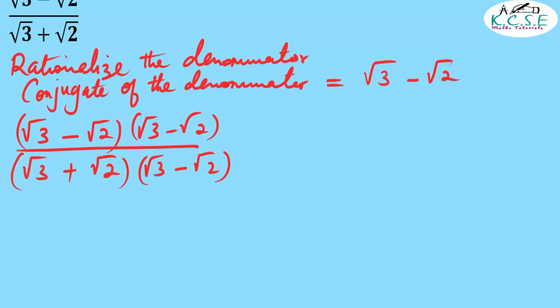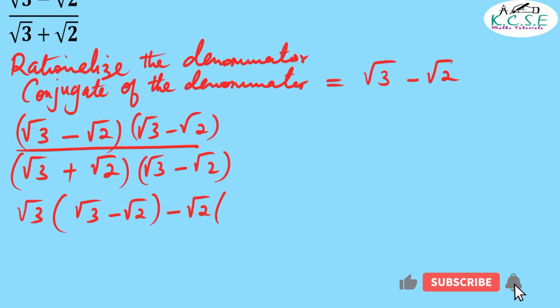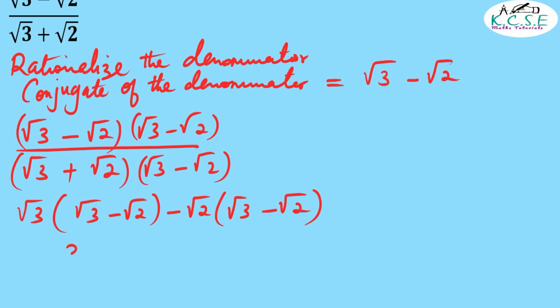So let's begin with the numerator. In multiplying the numerator, we shall expand the normal way: root 3 multiplied by root 3 minus root 2, then minus root 2 multiplied by root 3 minus root 2. So let's open the bracket. Root 3 times root 3 is root 9, which is 3.